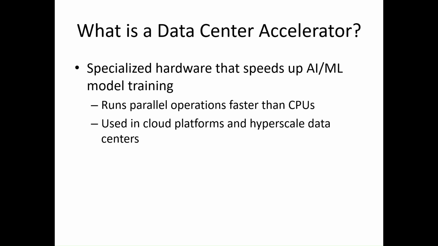Normally an accelerator is a specialized chip or card designed to perform the heavy math used in machine learning, especially matrix multiplication and tensor operations. Unlike a general CPU, accelerators are built to run many operations in parallel.